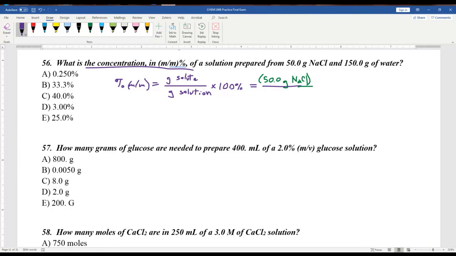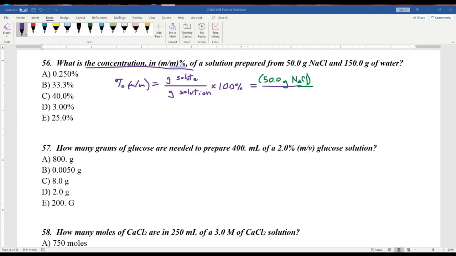Well done. Somebody caught it. The grams of solution is not 150. Solution is the solute and solvent together. 150 grams is just of the water. So to get the grams of the solution, I actually have to add these together.